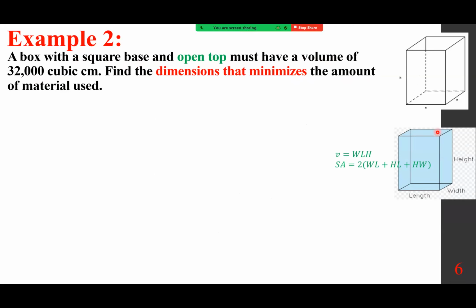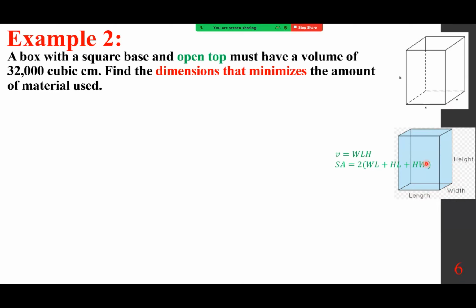You have a rectangular solid, and the volume is the width times the length times the height. The surface area, you calculate each side and you multiply it by 2. For example, the front is the length times the height. The side is width times the height. And the bottom is length times the width.